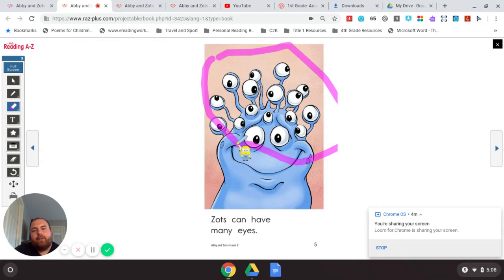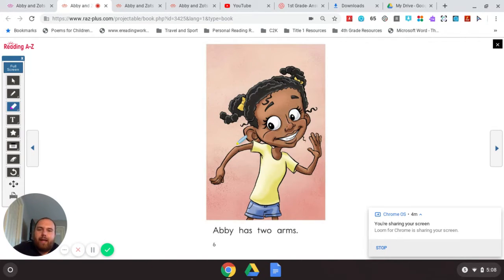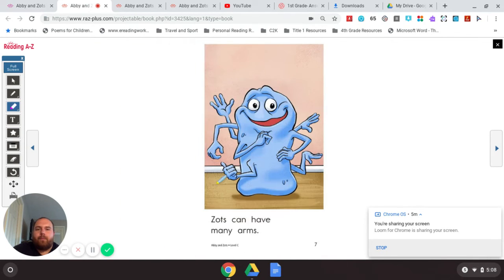All right, so if I'm thinking about our guiding questions, how are they the same and how are they different? Well, this is definitely one way they're different. Abby has two, I see an A and an R, and I know that when an A and an R are together, they say R. Arms. Zotz has many arms.